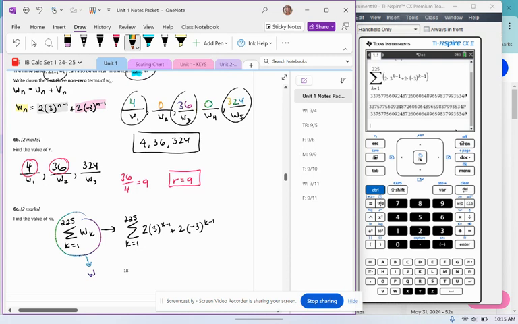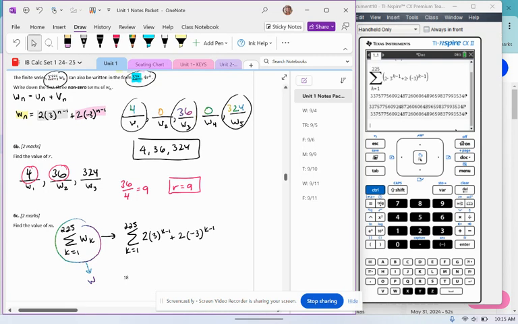And what I want to do now is see if I have the sum when K starts at 0 and goes up to some unknown M of the series 4 times R, which was 9, to the K. I want to see what M up here makes this equal the W sum that I just got over here.